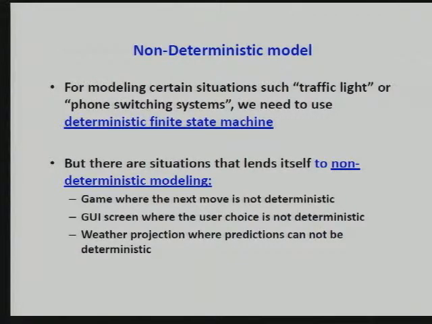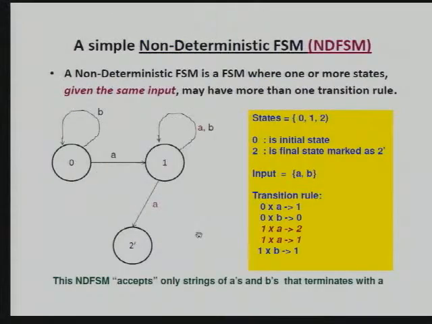Or a GUI screen, where you're in a certain state and you're not sure what the user's choice is next. In other words, it's non-deterministic. You cannot determine what the user is going to do next. Or even something like weather projection systems, where even the projection itself cannot be deterministic.